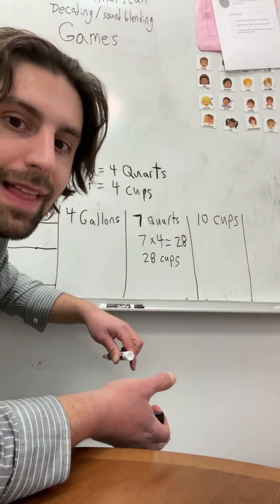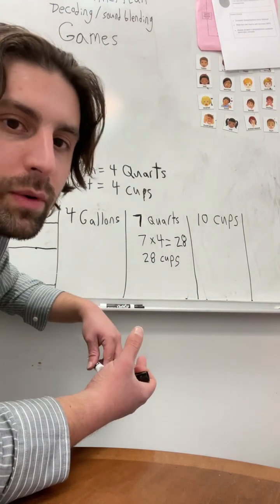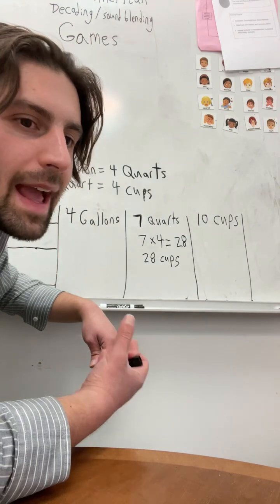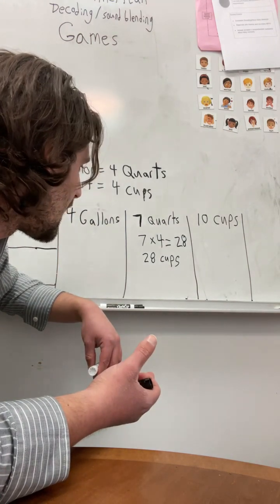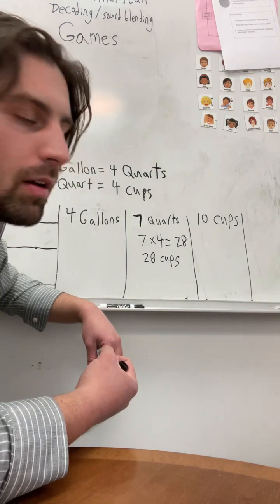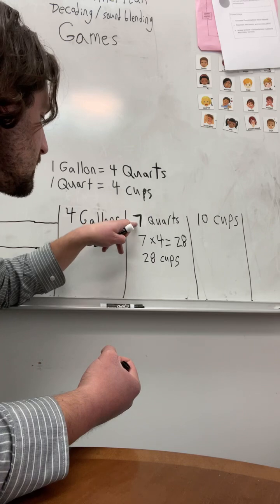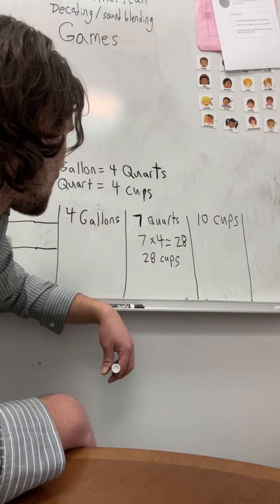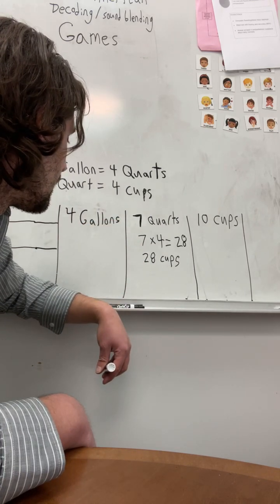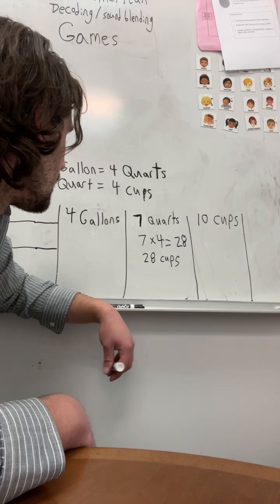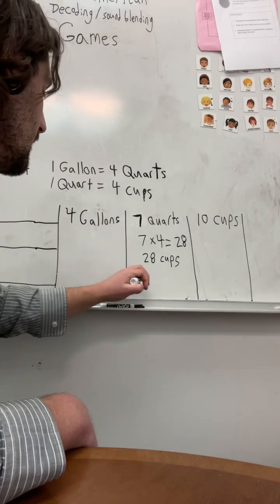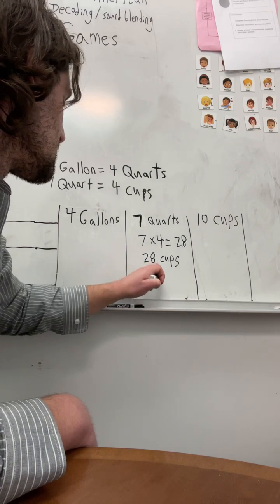Now again, this is a lot easier if you're fluent with single-digit multiplication. If you're not able to do single-digit multiplication in your head, I would recommend making rows, making 4 rows of 7 of something, and using that, and that'll help you to figure it out. So if you're not sure on the multiplication, what I would do is this.